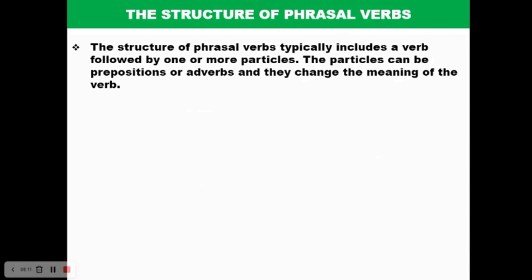So, having looked at what we mean by phrasal verbs, let's now look at the structure of phrasal verbs. The structure of phrasal verbs typically includes a verb followed by one or more particles. The particles can be prepositions or adverbs, and they change the meaning of the verb.